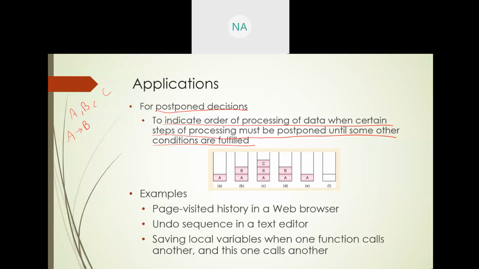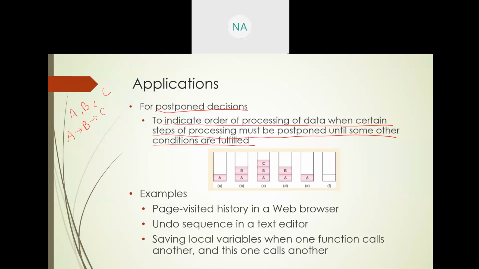So now A is halted and B is started. After some time, they realize that B cannot be completed until C is complete because it requires the functionalities of project C. So again, B is halted and C is started.